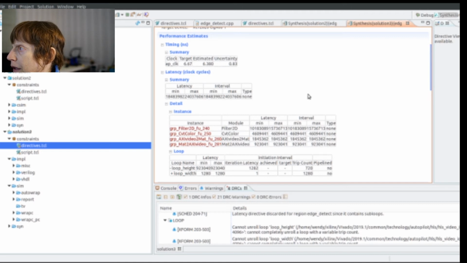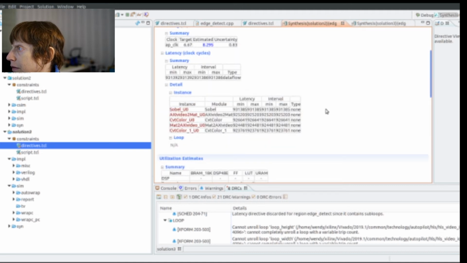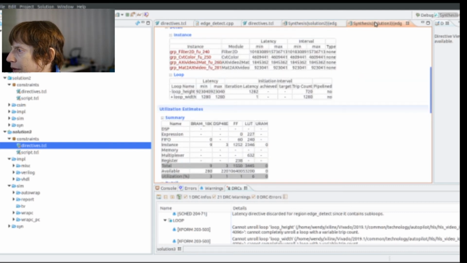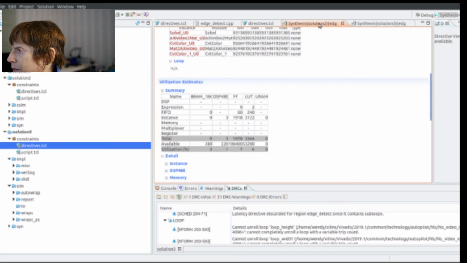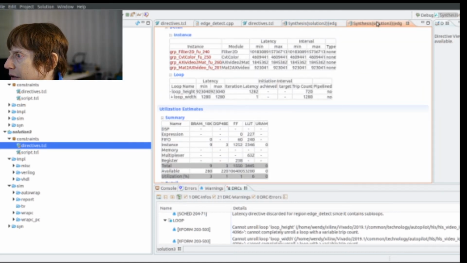And let's look at utilization. Instance. So this actually used fewer instances. A lot of LUTs here because we're pipelining.